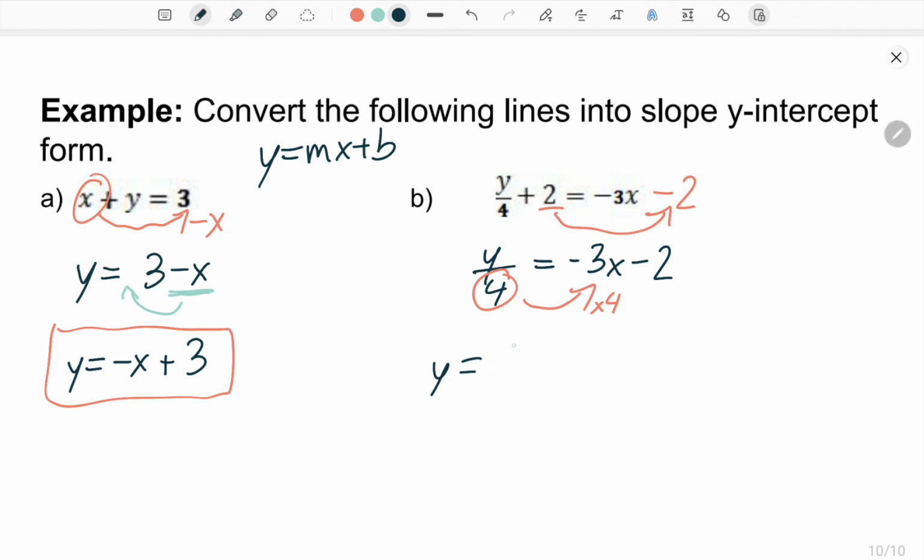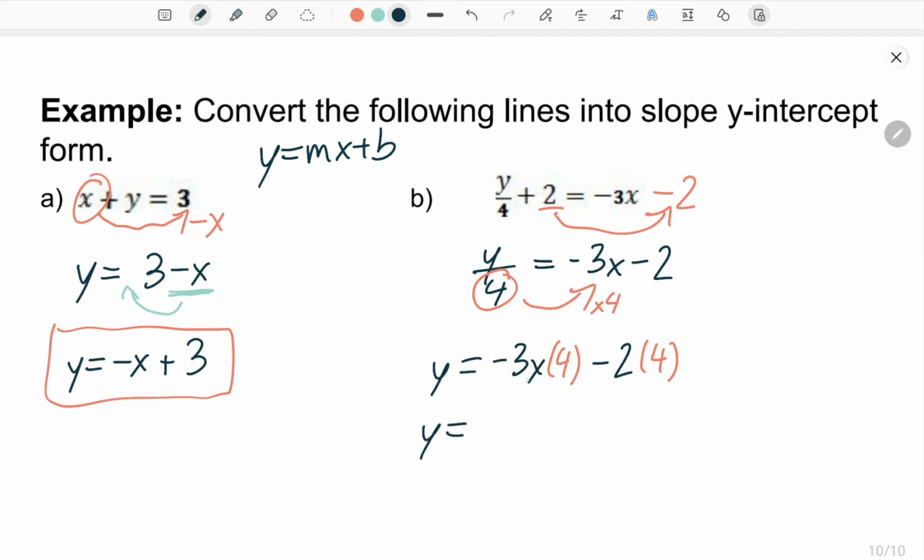So it's going to be, let's say, we have negative 3x, so we're going to have negative 3x times 4 in brackets. And then we're going to have minus 2, and again, times 4. So all of the parts are being multiplied by 4.